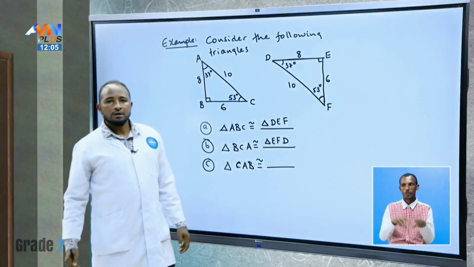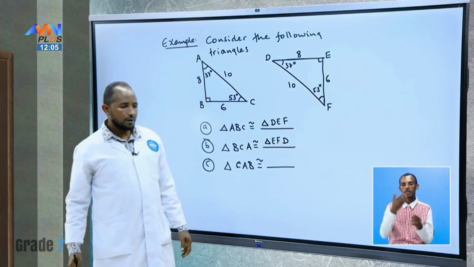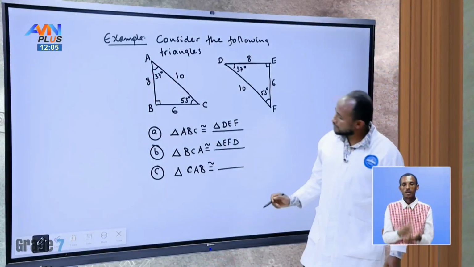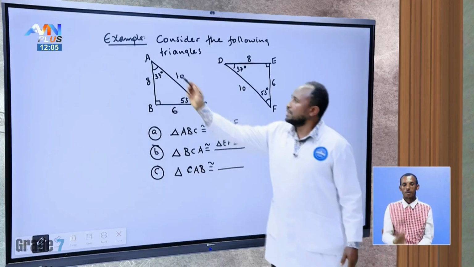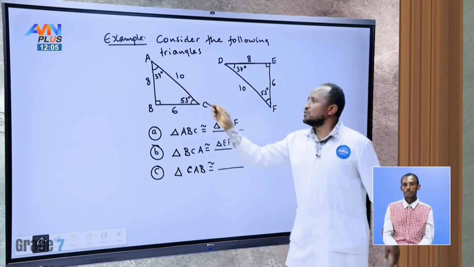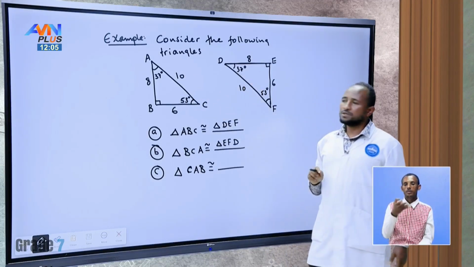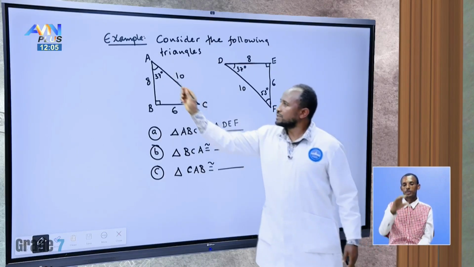Students, have you tried the question? Very nice. Let's see the answer together. Okay, here, triangle CAB. CA is 10 units. It has to fit on this line, 10 units. In what order? CA from 53 degree to 37.